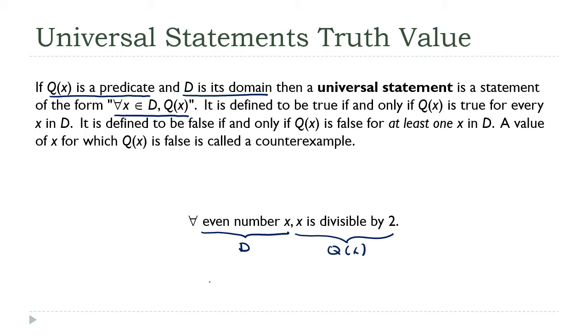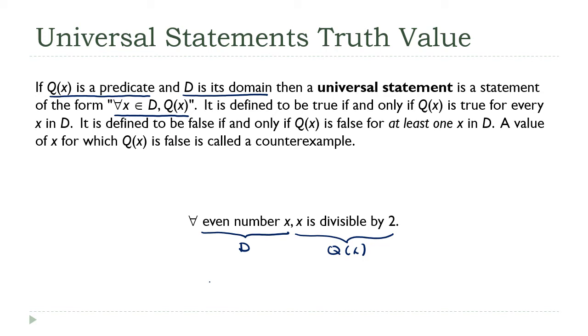And the last part here tells us how to determine whether or not the universal statement is true. And being able to do this is the key thing that makes this a statement rather than just a sentence. Our rule is that if Q of x is true for every value in the domain, then we would say that the statement is true.